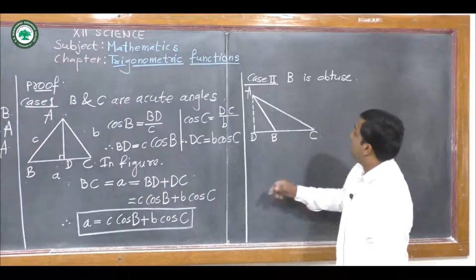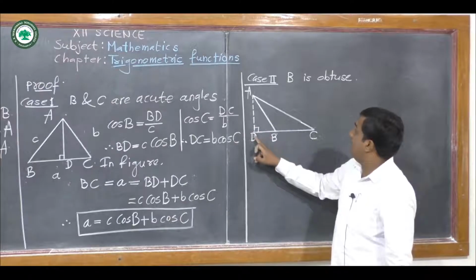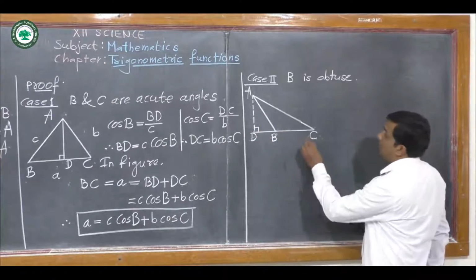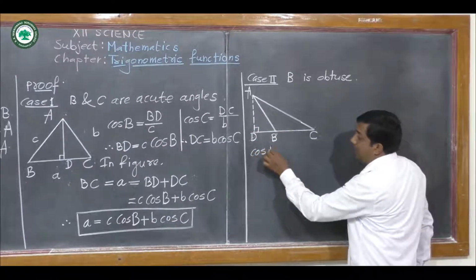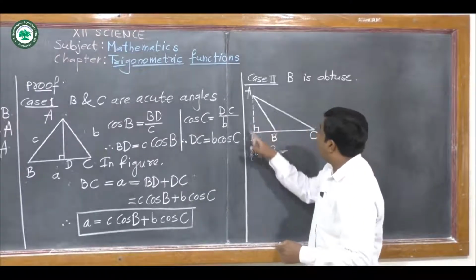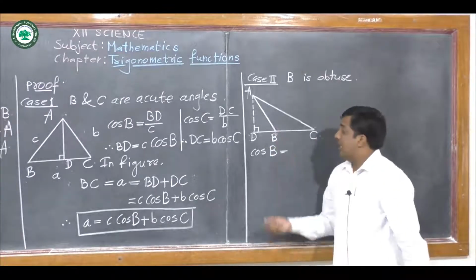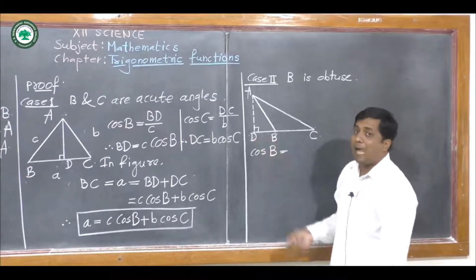In triangle ADB, we consider cos B. In triangle ADB, B is acute, so cos B is adjacent side upon hypotenuse.